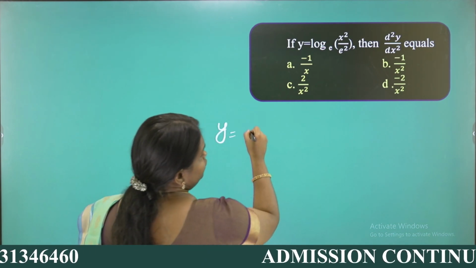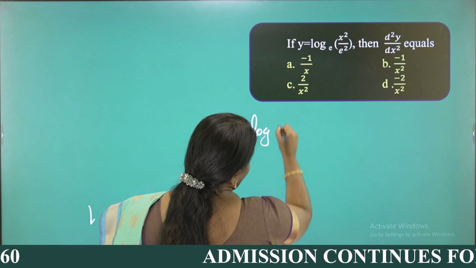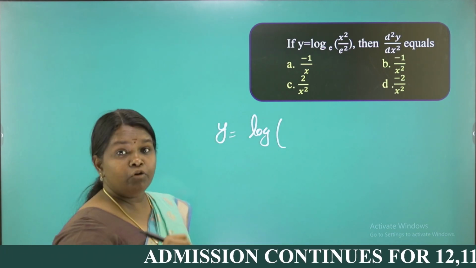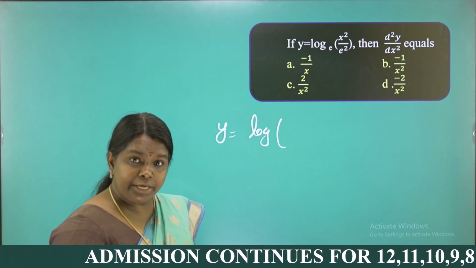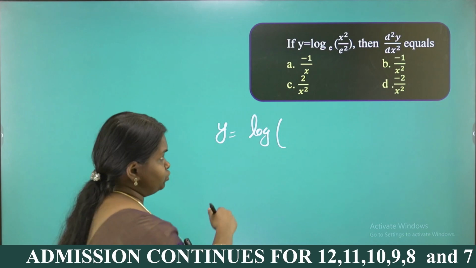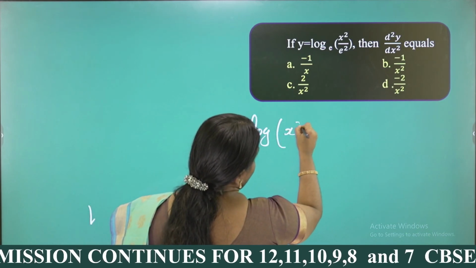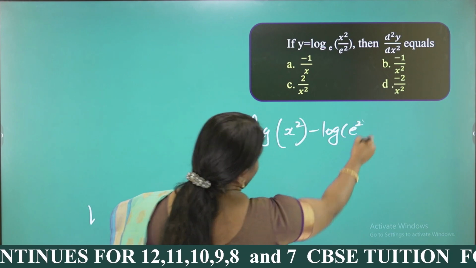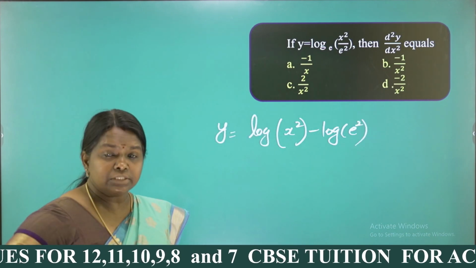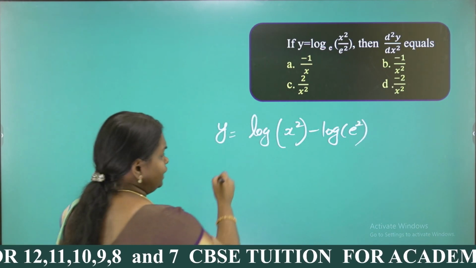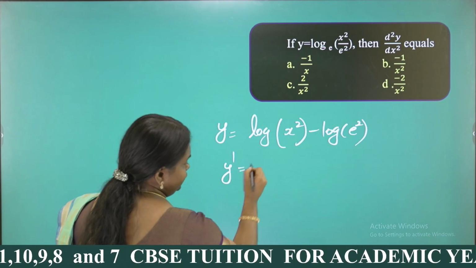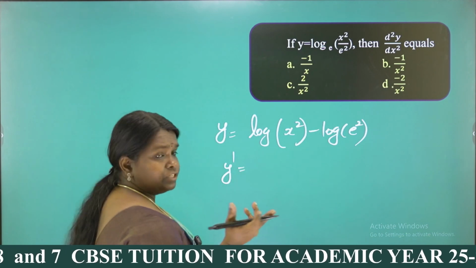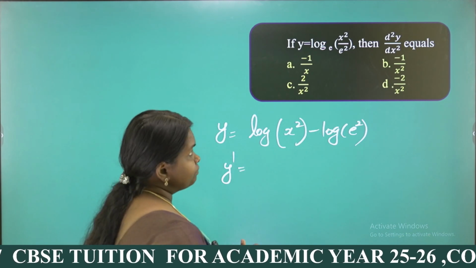So y is equal to logarithm of, you know dears, logarithm of a by b. What is that? Log a minus log b. I'm going to use that. So logarithm of x square minus logarithm of e square, right? I can simply differentiate this. Y dash is the first order derivative dy by dx.